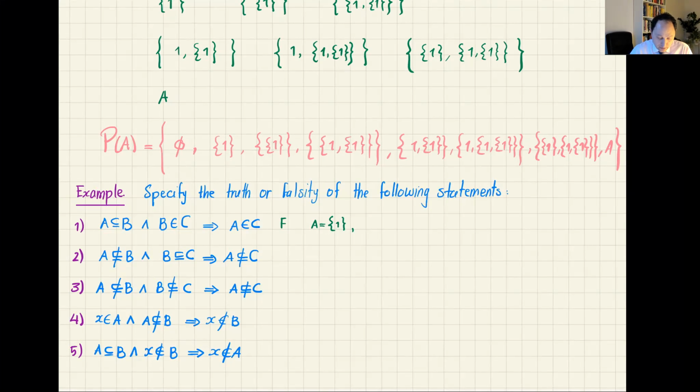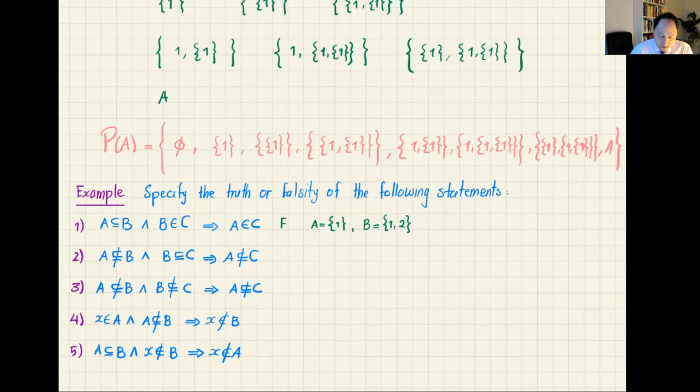I want to give an example of a set B, which contains A. Contains means that A is a subset of B. So let me write B in this form. So 1 and 2. Yes? And now this is right. By giving you these two examples, you confirm that A is a subset of B.